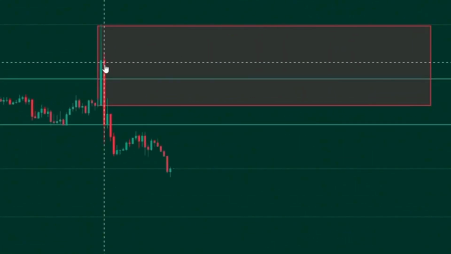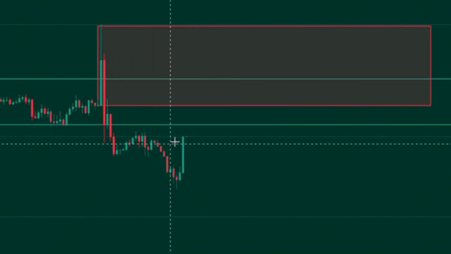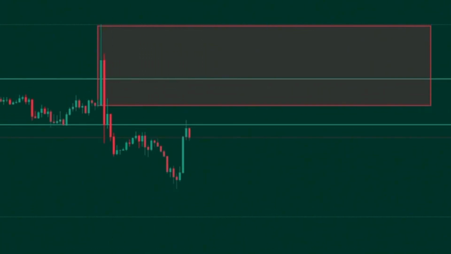With our order block, we can see clear displacement with this huge bearish engulfing candle, right? So we're waiting now for price to come back into this zone so that we're able to take a setup, right? So let's be patient and allow price to come back and get us, right?